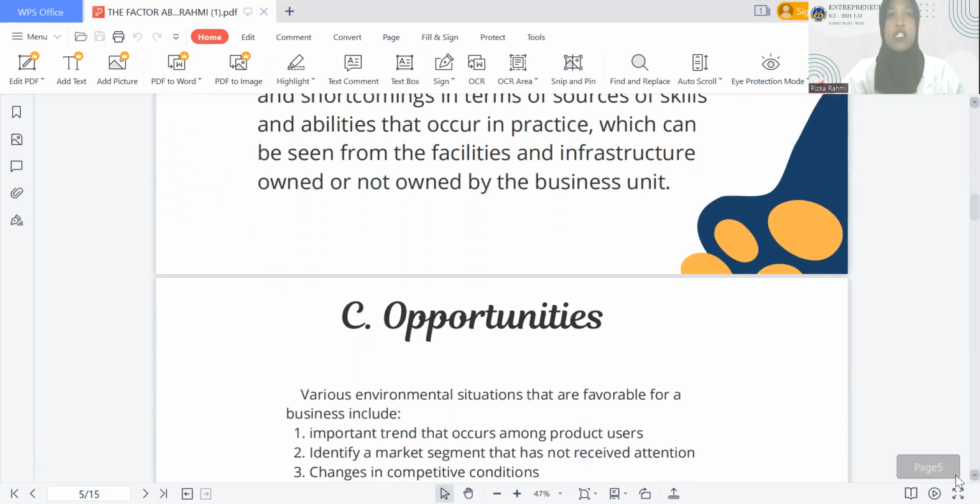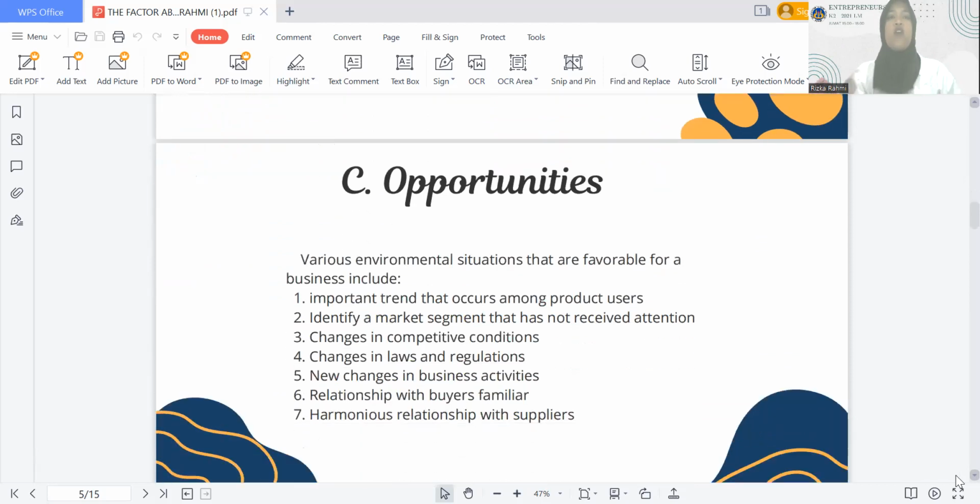And the next is opportunities. Various environmental situations that are favorable for a business include the first is important trends that occur among product users. And the next is identify a market segment that has not received attention.